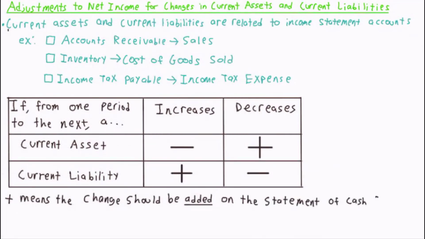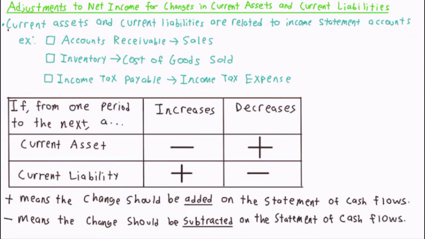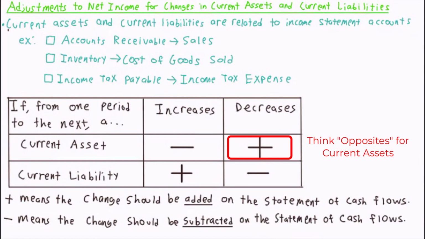So here are the rules you need to memorize, which are summarized in this chart that I'm drawing. If a current asset increases from one period to the next, the change should be subtracted on the statement of cash flows, which I have indicated here with a subtraction sign. If a current asset decreases from one period to the next, it should be added on the statement of cash flows, which I have indicated here with an addition sign. Think opposites for current assets.